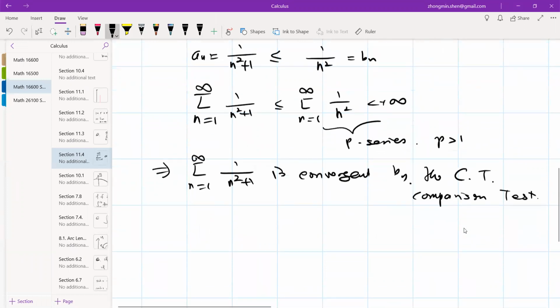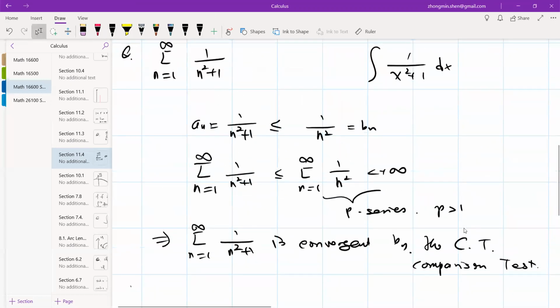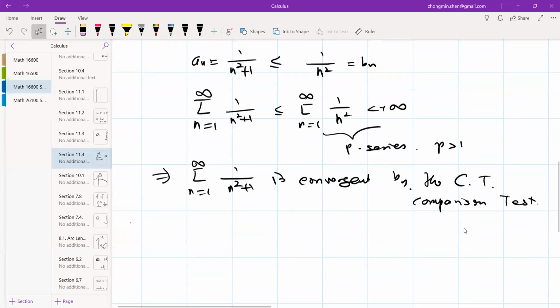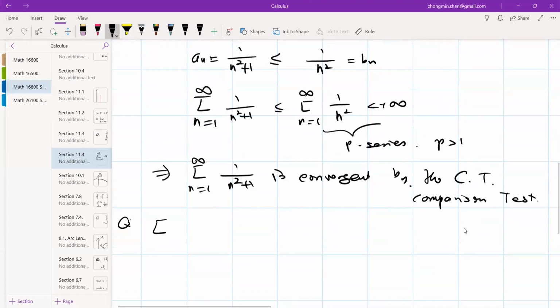All right. But this problem can be proved convergent using the integral test again, because you can still find the integral of 1 over x squared plus 1. How about 1 over n squared plus square root of n? Then you have trouble.